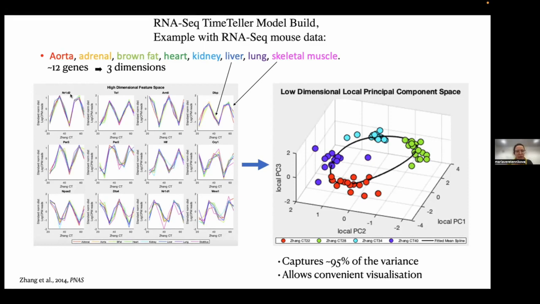However, if you look at this data at every single gene individually, it's much harder to analyze it like this in the high dimensional feature space. So what we do is we reduce the dimensionality of the data. For every single timestamp that we have in a training data set, we build its own local principal component space.